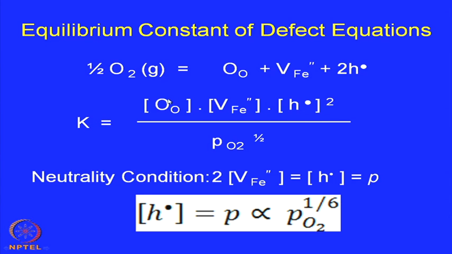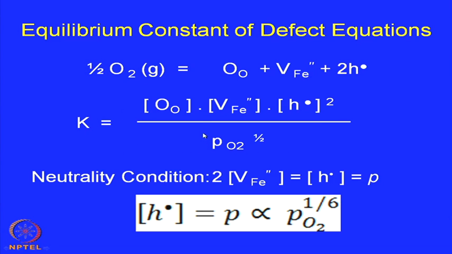So, the square brackets are actually concentration. So, it is the concentration multiplied by this concentration and multiplied by this concentration. This concentration is h squared, because their coefficient is 2, and on the left side you have O2, and so half of that, this coefficient is half.